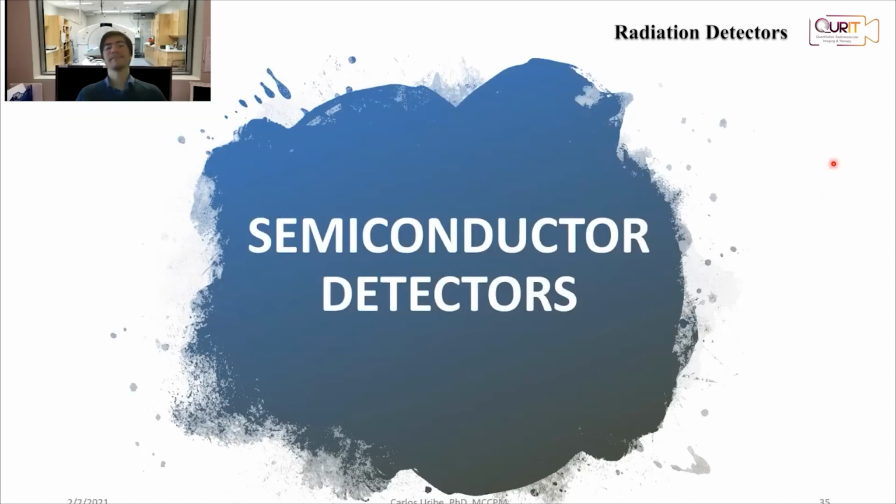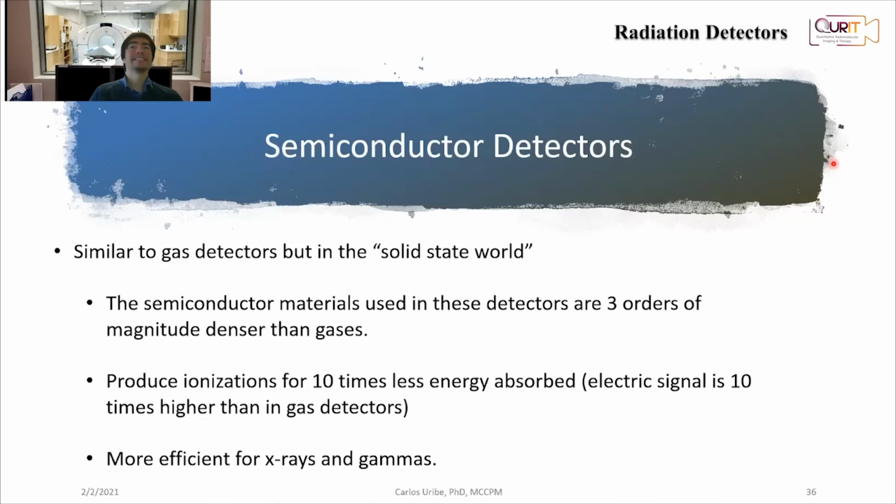And lastly, let's talk a little bit about newer technologies, which are semiconductor detectors. You can think of semiconductor detectors as similar to the gas detectors we just talked about, but in the solid state world. When we had a gas, we said the gas is definitely not dense enough to really stop all the gammas.